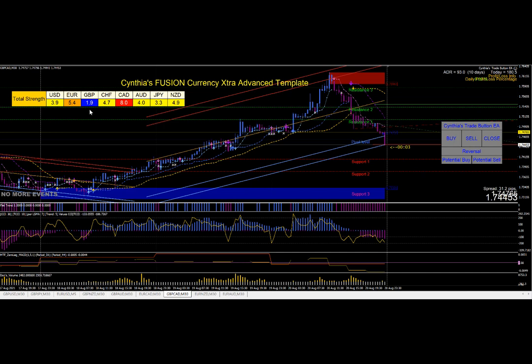We're looking at a pound CAD, and at the end of the day you can see that the pound was weak and the CAD was strong, so the pound CAD as a pair is being sold off. And the currency strength meter is an immediate representation of the strength versus the weakness of all of the 8 currencies.